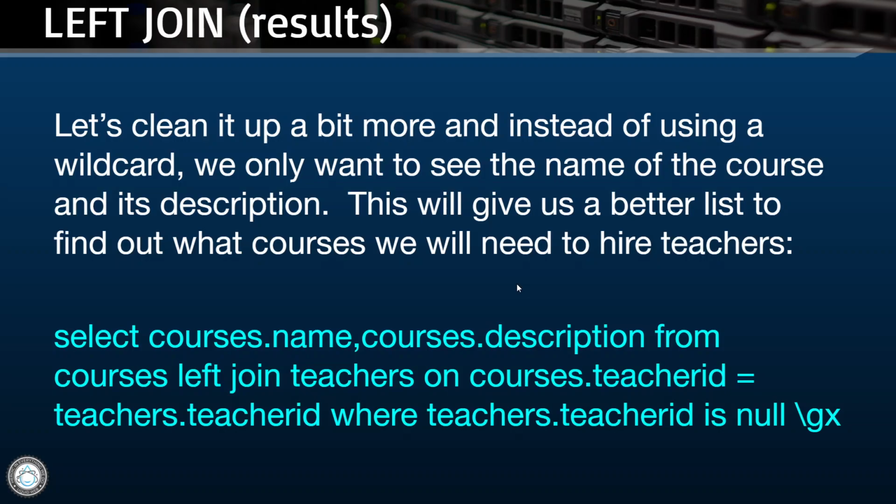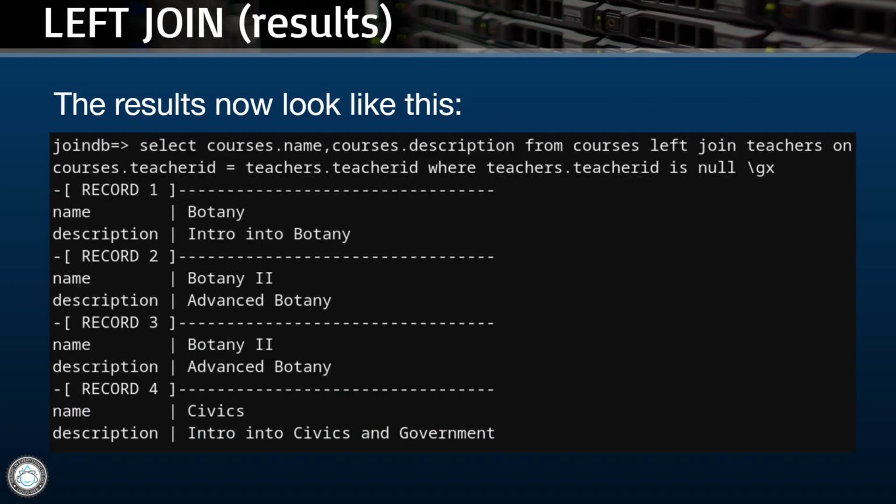Everything else in the query is the same. And this is what our results look like. Now we get the same results as before, but now they're cleaned up for our school administrator. So the school administrator knows that they have to hire a teacher to teach botany. And this is what the course is about.